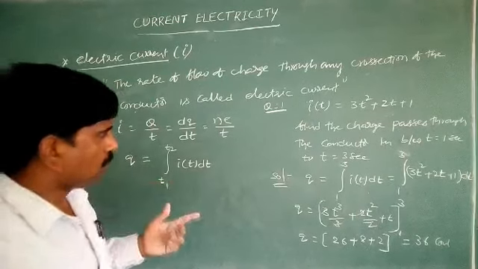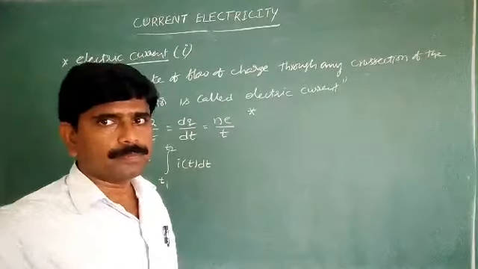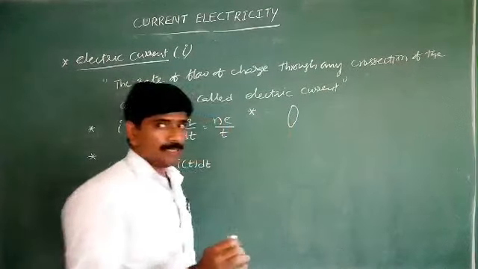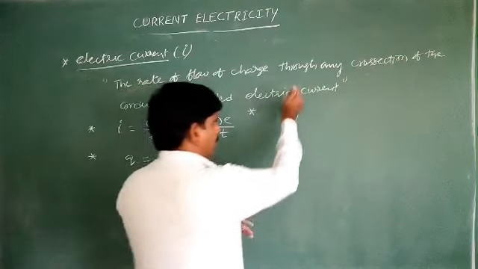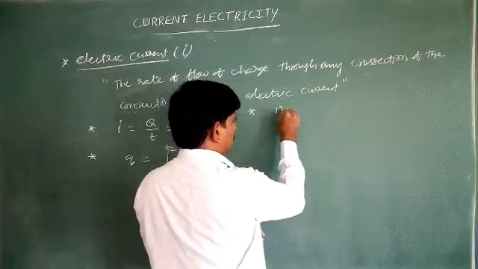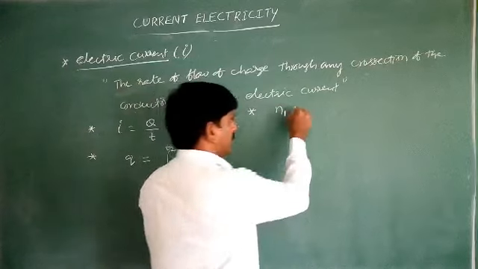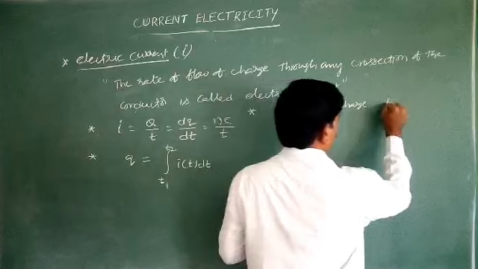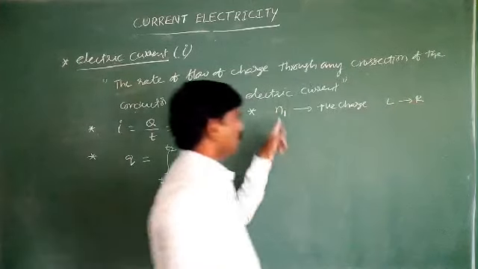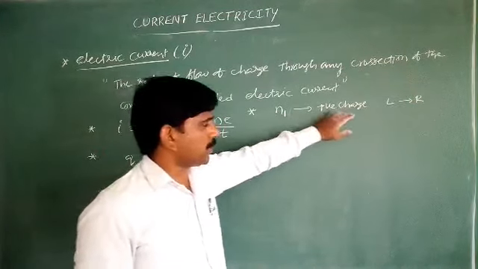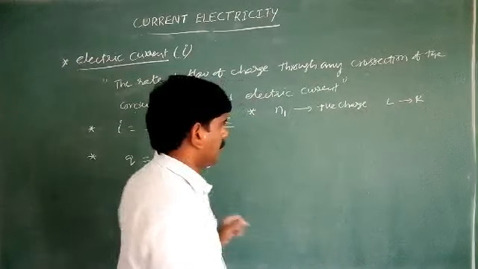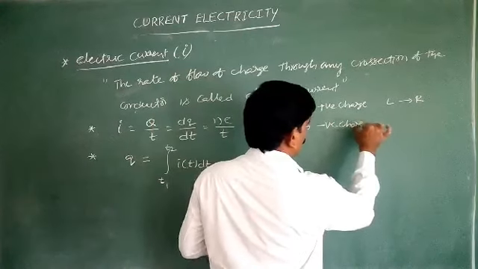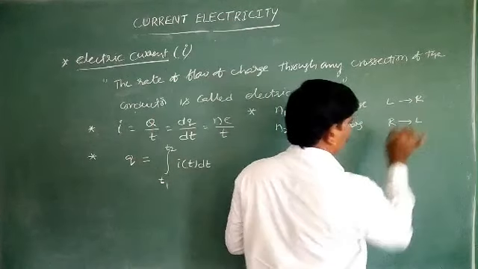Okay, next one. In the discharge tube, let N1 be the positive charges moving from left to right, and N2 be the negative charges moving from right to left.